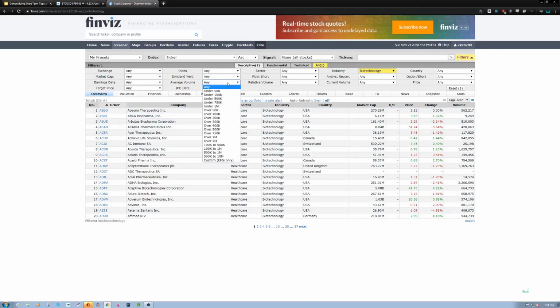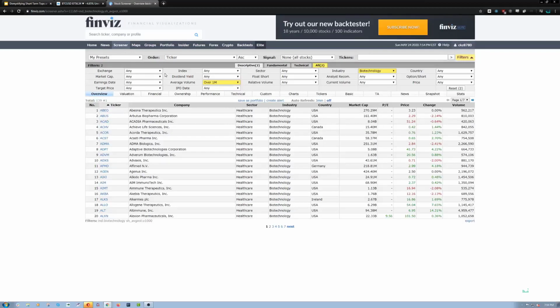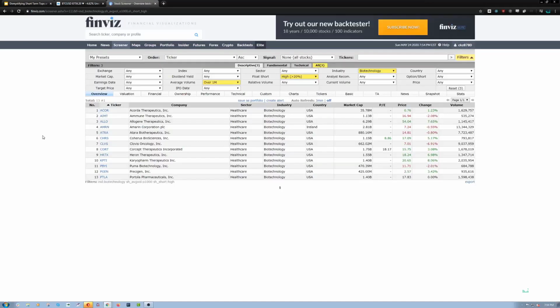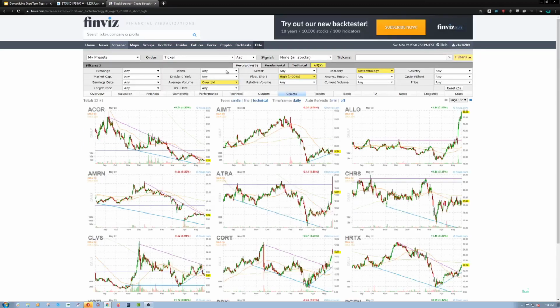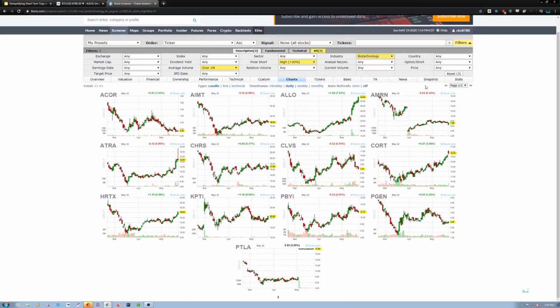So for biotech I would probably want average volume of over 500,000 shares. You could go up to 1 million if it's still a lot, and it is still 235 results. So I would go up to over 1 million shares average daily volume. And then from there, I could knock it down to all the ones that are high short interest, and now we have just 13. Go to charts, candlestick, and now I can start looking for potential opportunities.